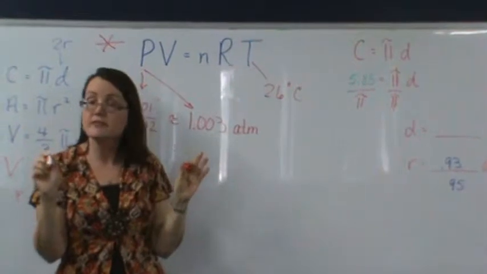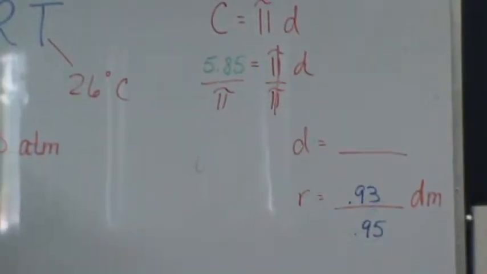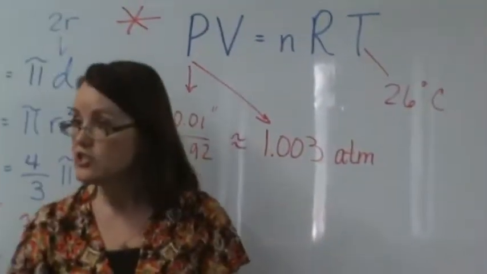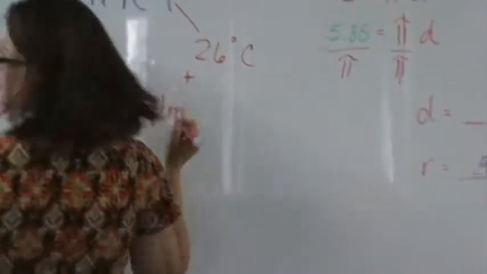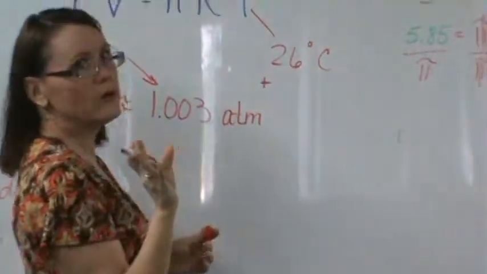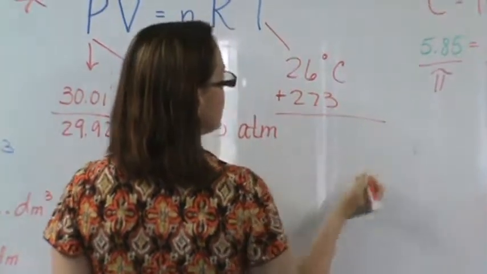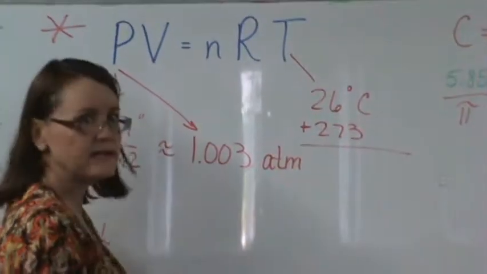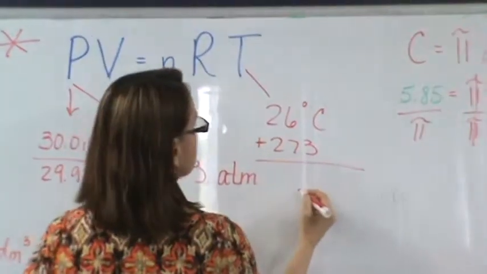The book does a fairly good job of explaining why: because it tries to get back down to that absolute value, and we can't do that with the Celsius scale. So that's why you have to add, is it 273? Yeah, and don't worry about the 0.15, just 273. So our Kelvin scale is simply adding that 273 degrees to the 26, okay?